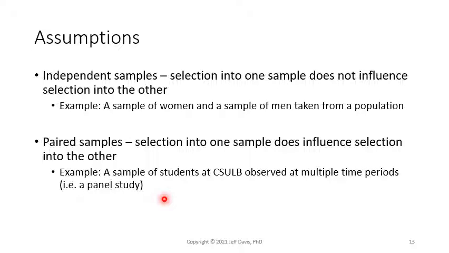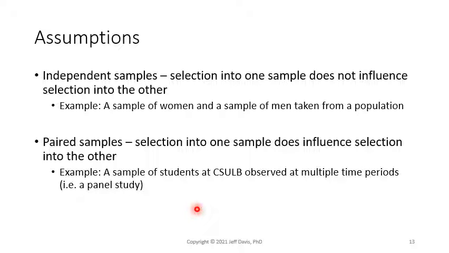And then we ask them maybe the same set of questions or take the same set of measurements from them. We treat those as two different samples, but they are paired samples because in order to be in the second sample, you have to be in the first sample. So in order to get the measures at time two, you had to be in the sample where we took the measures for time one. So in that case, you're working with paired samples.